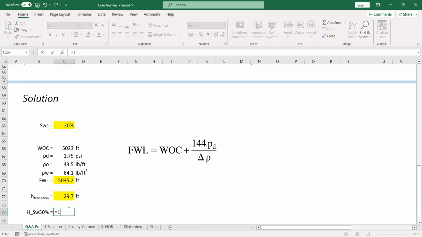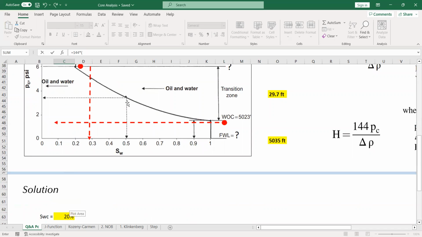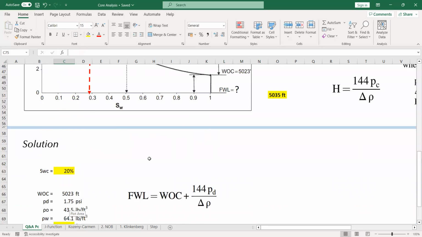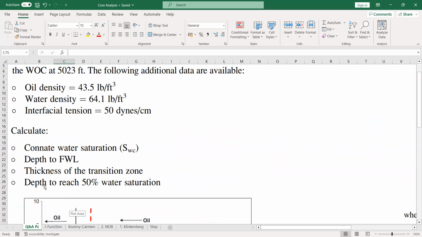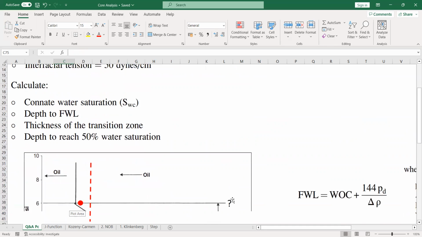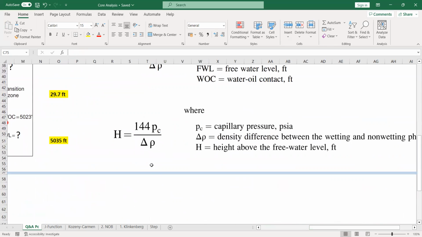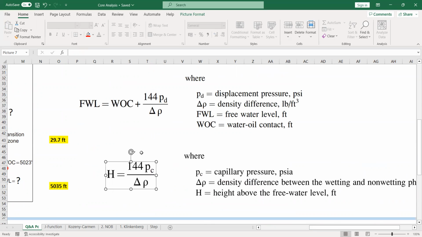So it's 144 multiplied by the PC here. Let me just check it: depth to reach 50% water saturation. We already have this actually.